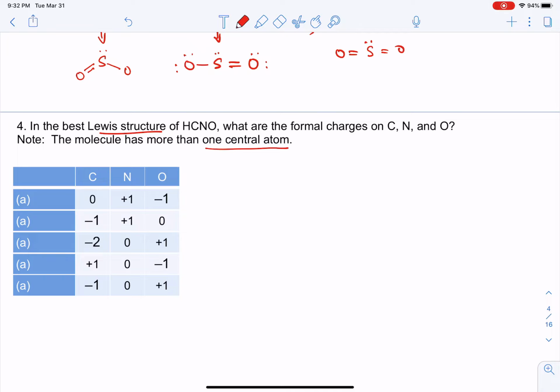So let's see in HCNO, which one is the least electronegative? As we know, it will be the carbon. So we make carbon the center. Now, we also know, since it says the molecule has more than one central atom, possibly the next one would be nitrogen.